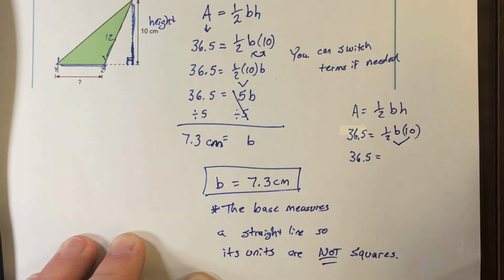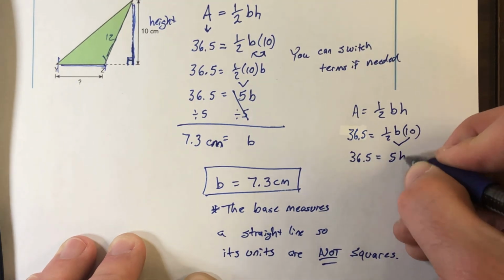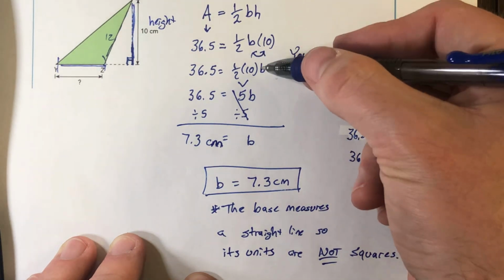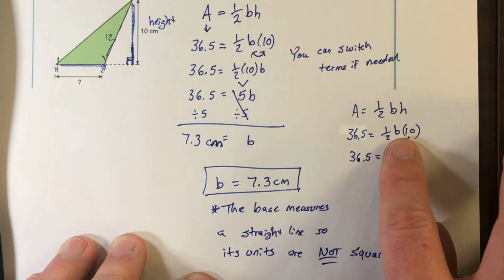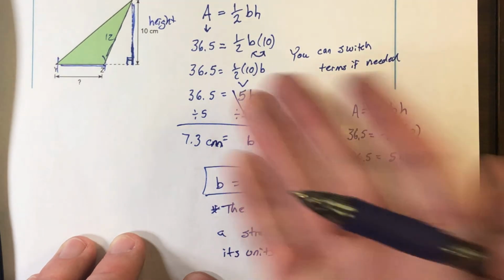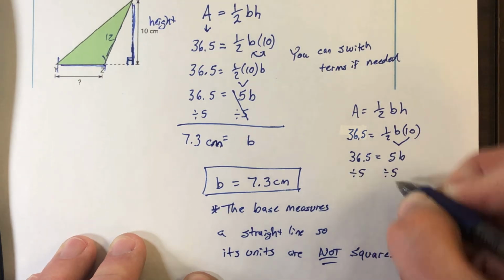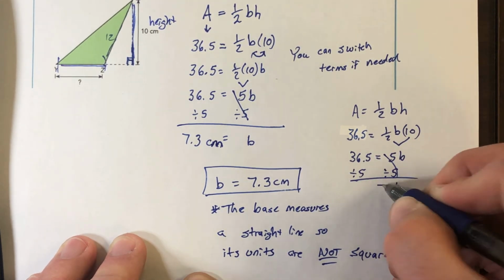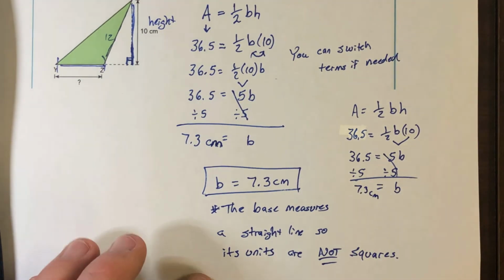Well, I just multiply what can be multiplied, so 1/2 times 10 is 5. Just bring down your b. It's no difference. It actually takes less work to do this, but for some reason, a letter being smushed between numbers freaks some people out. So you can switch terms like that if needed. And then, of course, divide by 5 on both sides, and you get the same answer, b equals 7.3 centimeters.